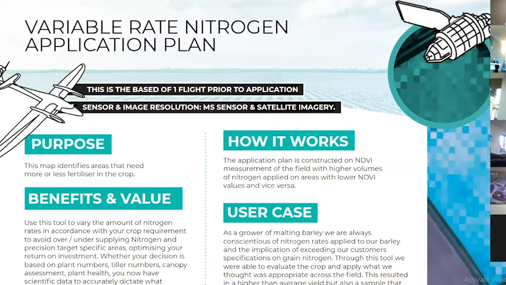We've also built in the functionality that maybe at the start of the season, you might want to put more nitrogen on the lower growth areas of the crop to see if you can kick it on and level up the canopy. And we've also then got the ability to flip that logic. So you can put more nitrogen onto the higher growth areas for later in the season if you are trying to really bump up your grain nitrogen content.